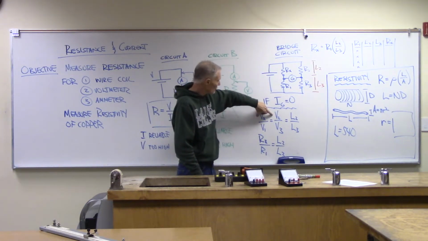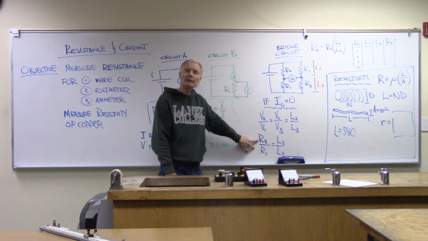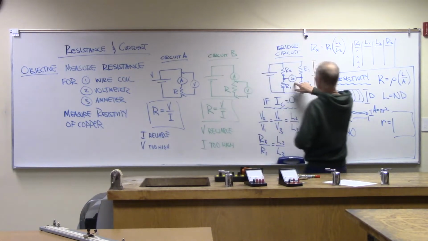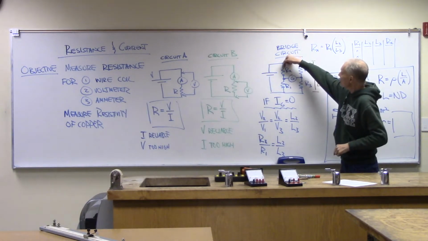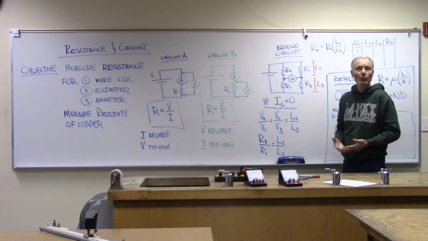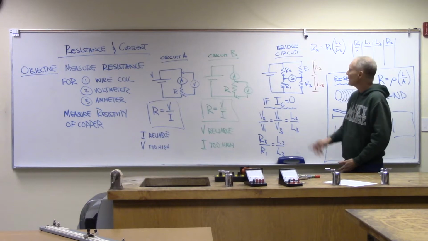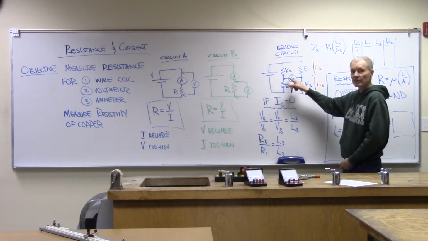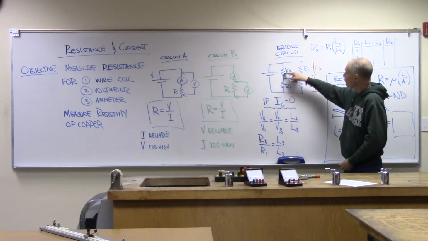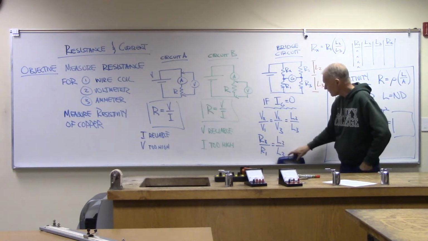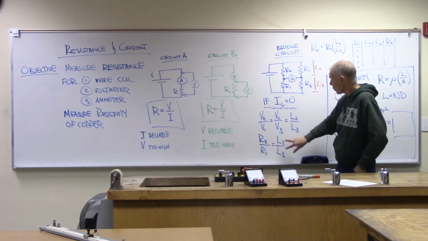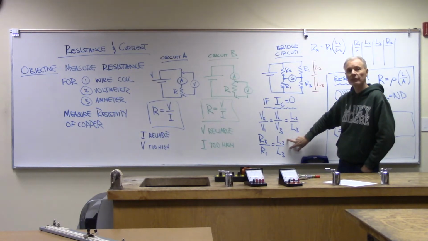Now, ratios of voltages are proportional to ratios of resistances. If I've got no current going through the galvanometer, then I can treat these two resistors as having the very same current going through each one. If none of the current is going sideways here, right, the galvanometer is reading 0, that means that the currents on both sides match, and that says that the ratio of resistances will match the ratio of lengths.